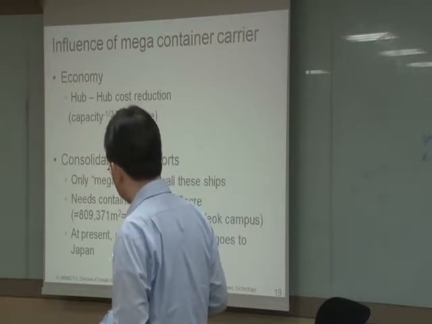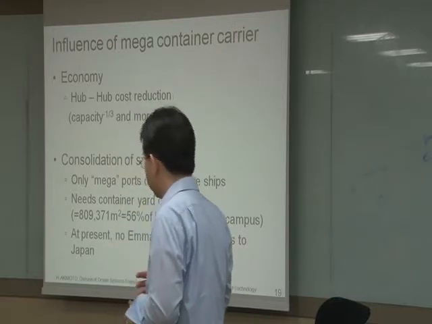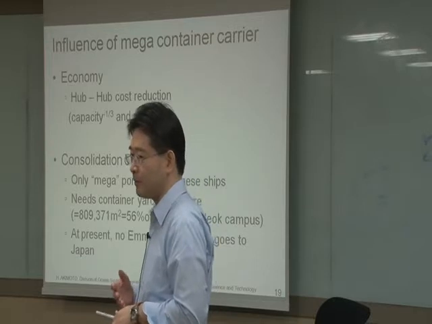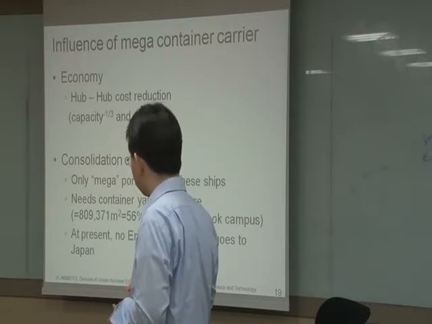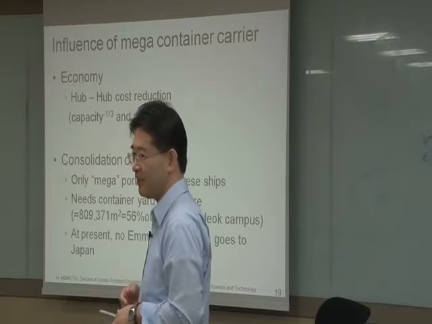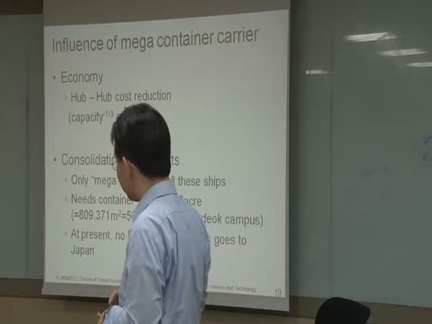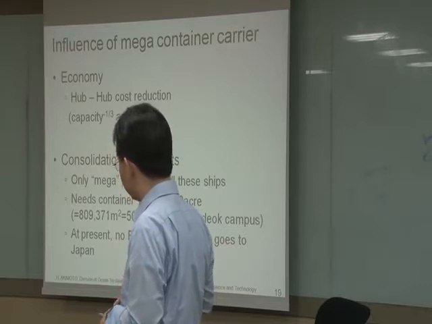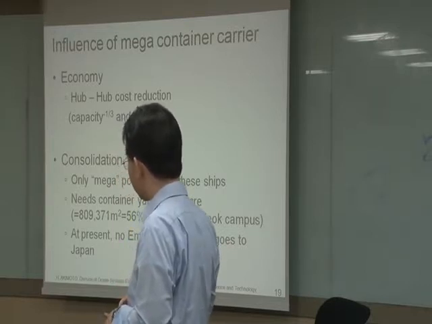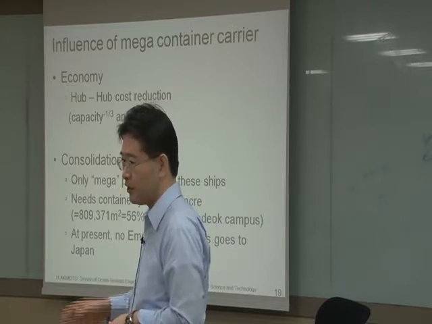So Japan is suffering from passing of large container vessels. So it is now called Japan passing, not Japan busing. Japan passing means large container vessel trunk line transporter will not stop in Japan.